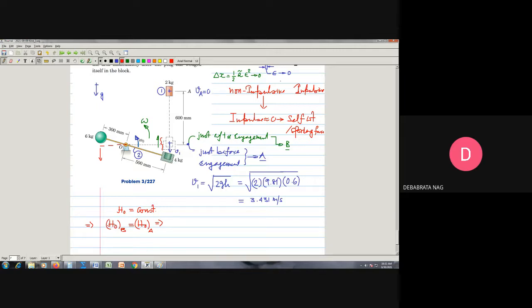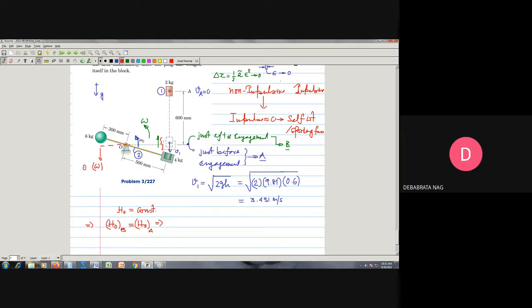HOB is going to be definitely in the anti-clockwise direction, because the angular momentums are with respect to point O. So the angular momentum here is going to be omega into 0.3, correct?